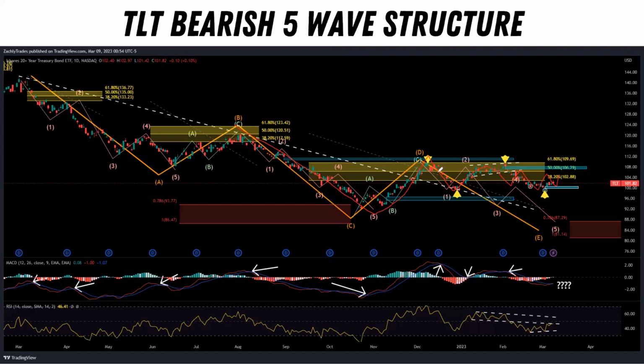So the more time we spend in consolidation, the higher chance that we have the ability to really break through those levels and ultimately invalidate this last wave 5 right here, the wave E. So it's going to be real interesting to see how it plays out. But until we really break that structure and break through these levels up here, ultimately I'm still going to be tracking the move down towards the downside.